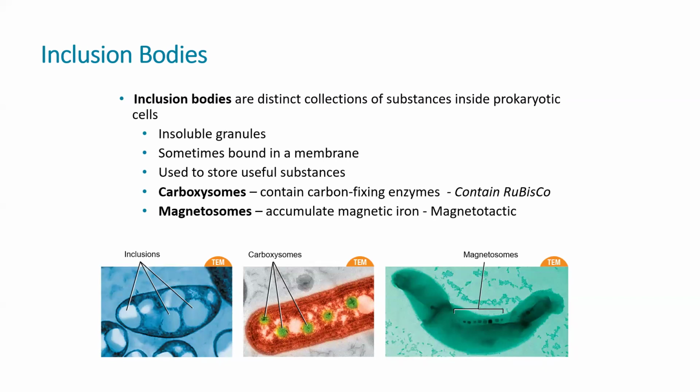Now, in this case, we've got the carboxysomes, and these are found in bacteria, and they contain these proteins that do carbon fixation, including rubisco. Rubisco is the most abundant protein on the planet, and it's a rate limiting protein for the Calvin cycle. The Calvin cycle, of course, is the carbon fixation cycle.